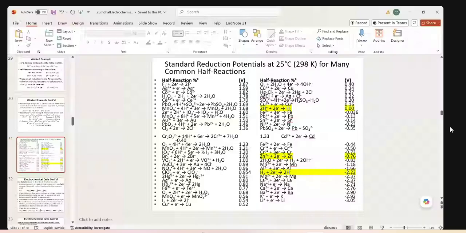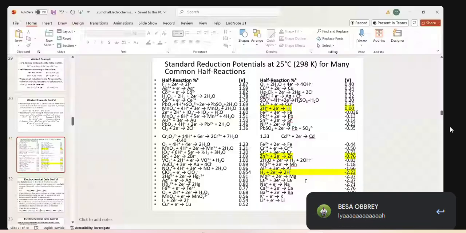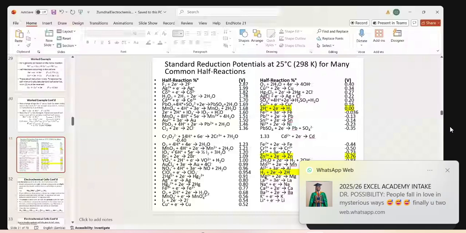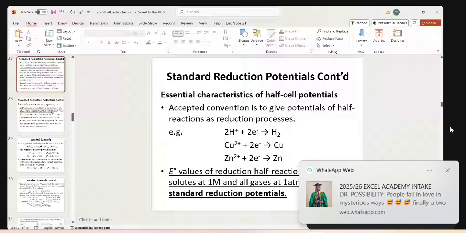The other one, instead of becoming a neutral atom, it's becoming an ion also, so it has more electrons than the protons that are there. Now, I'll explain more on how to get these reduction potentials for each element.